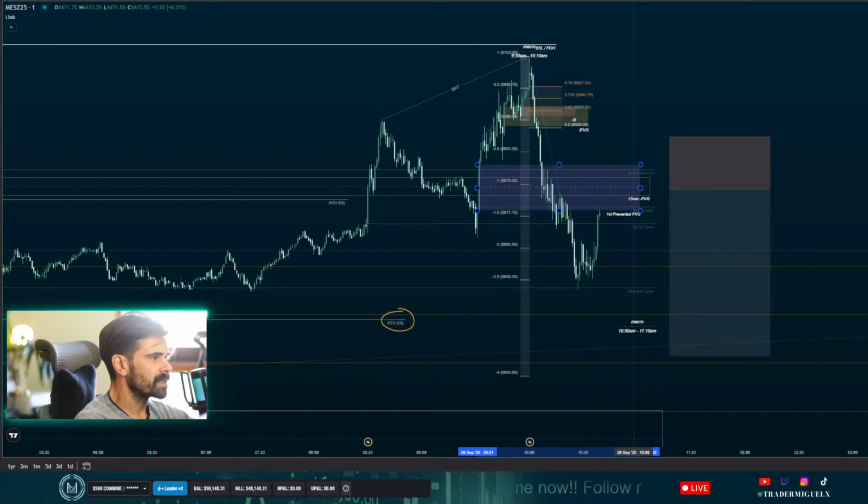So nice displacement here. We are approaching the 950 macro as well. So at this point, I'm not sure if I want to be bullish once again, since we left some liquidity behind.